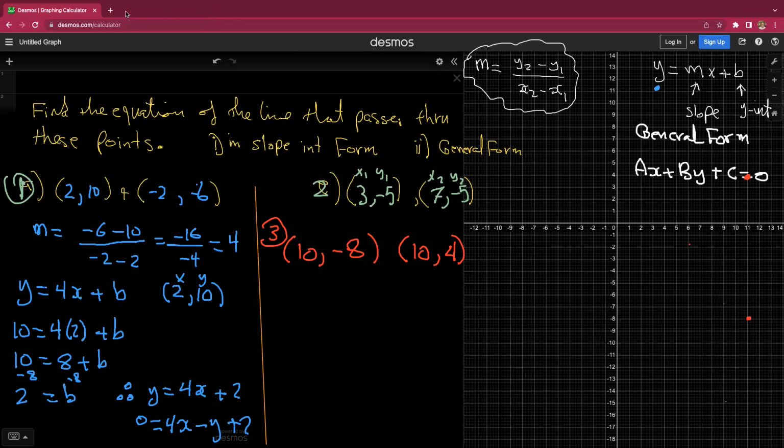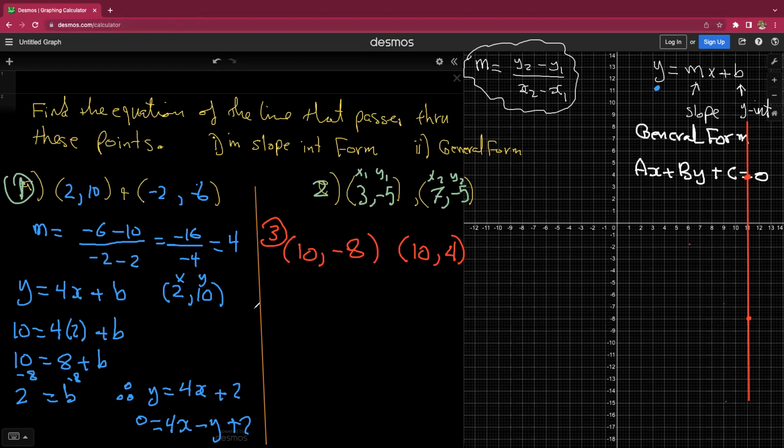Now, if I take a line that goes through them, what kind of line is this? Vertical.